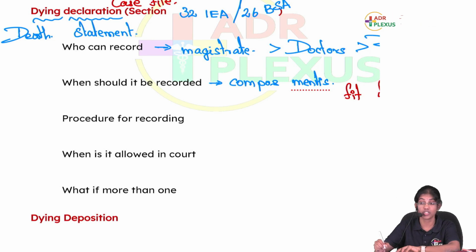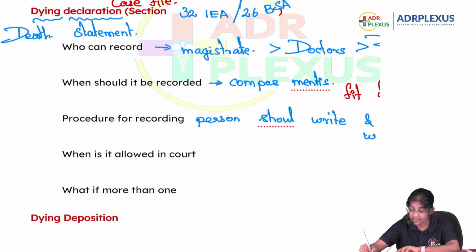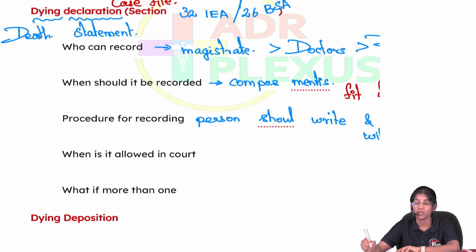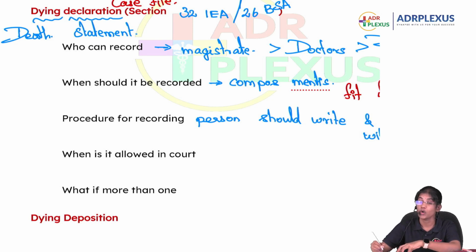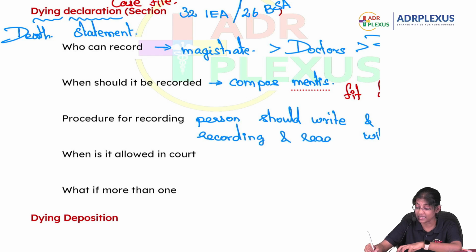Record when the patient is conscious. Ideally the person should write and sign, with a witness being there. Now, if the person is not able to write, someone else can record it. They record it and read it back.